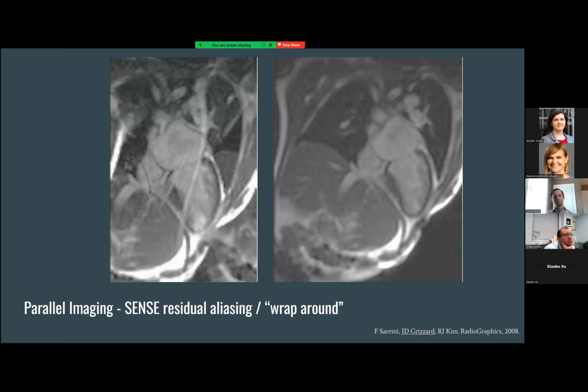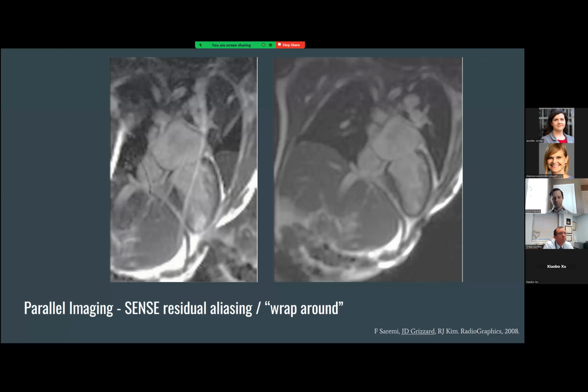But the most common application is going to be at like a 1.5 Tesla, where you have acceleration of 2. You can also use this at 3 Tesla, and at the higher field strength, the SNR will be higher, which is good, but your specific absorption rate or SAR limits are more likely to be exceeded when you're using parallel imaging.